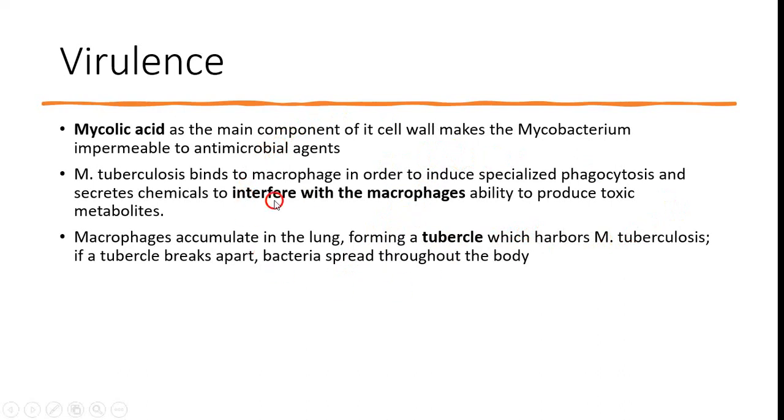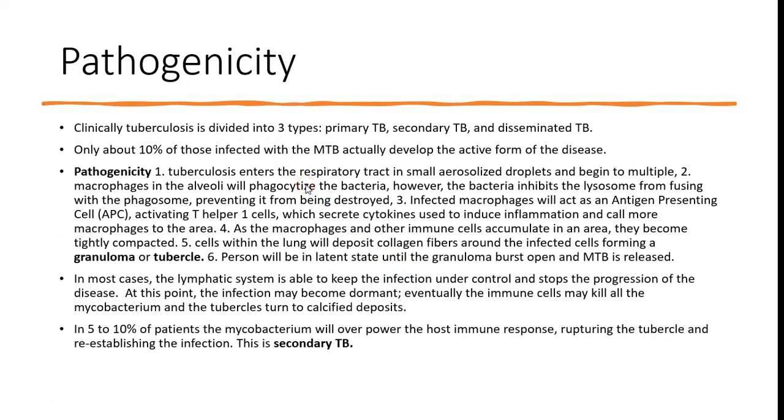Now, through part of its pathogenicity, what you're going to find too is that Mycobacterium tuberculosis gets into the lungs and forms what we call a tubercle, which is really a granuloma, but because it's in the lung, we refer to it as a tubercle. Okay, and so this is what's going to harbor that tuberculosis, and then it's going to hide it for a while. So let's look a little bit at that pathogenicity.